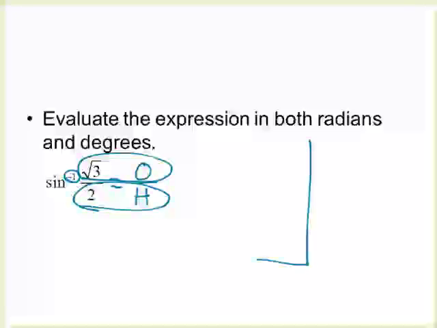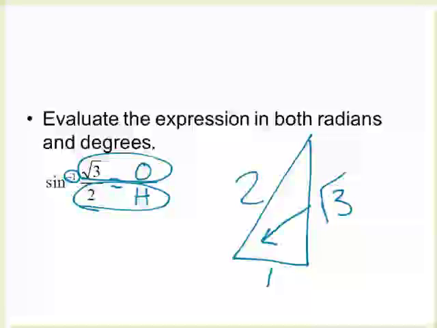The 30, 60, 90 has a hypotenuse of 2. And in that 30, 60, 90, we want the angle that is opposite of the square root of 3, because that's what the top of that fraction says, is that square root of 3 is supposed to be the opposite. So what is opposite of the square root of 3? 60. The 60. So our answer to this question is 60 degrees.